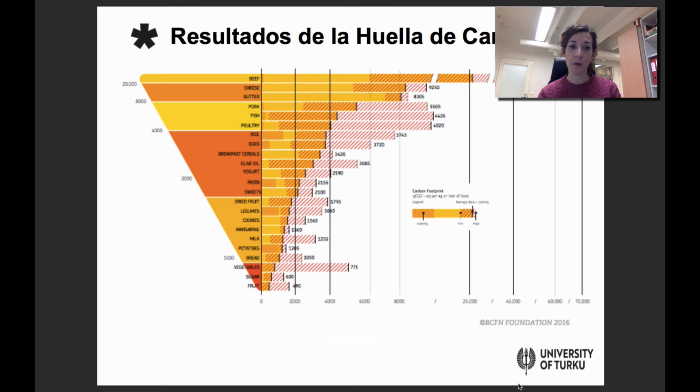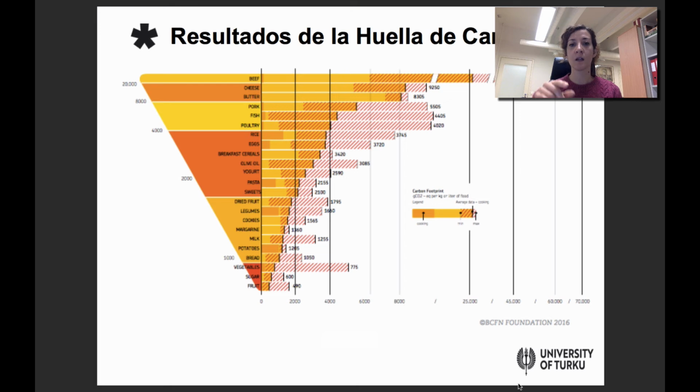So at the bottom we have vegetables and fruit, the ones that have the smallest carbon footprint. And then at the top we have beef and dairy products, followed by pork, fish and poultry. So anyway, meat is really at the top, the type of food that has the highest carbon footprint.